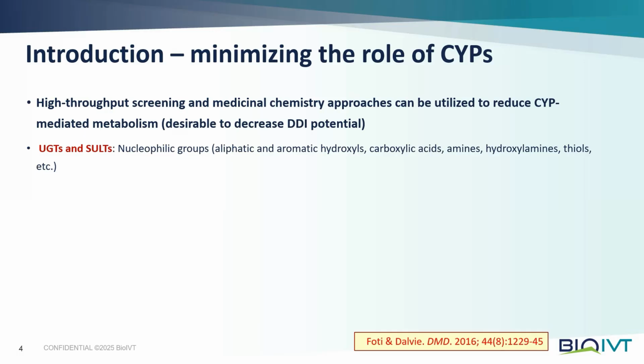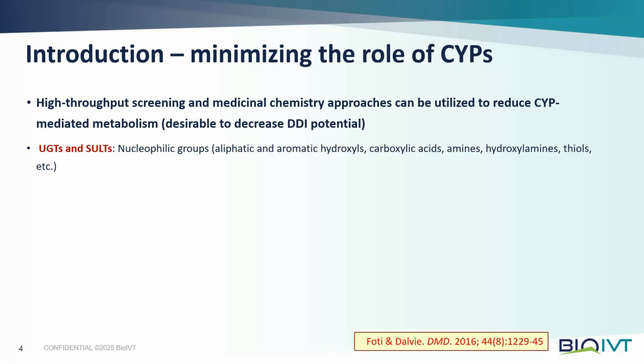So just as an introduction, to minimize the role of P450s, so CYP enzymes. To start off with, I really want to set the groundwork here, not focusing on clinical drug-drug interactions as much as characterizing metabolic pathways, and some convert to prodrugs, and the general approach is to decrease lipophilicity.